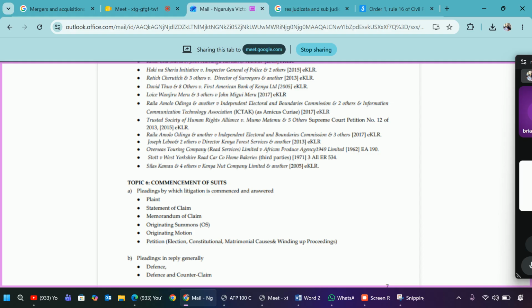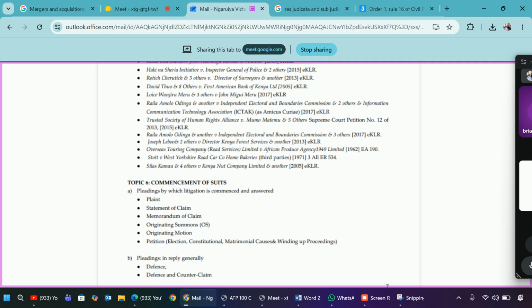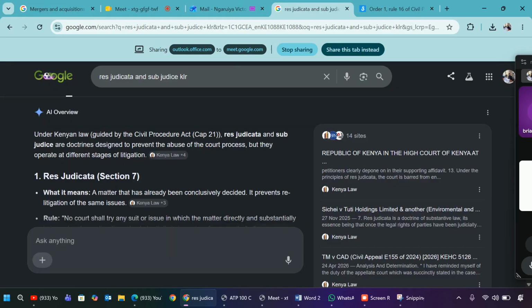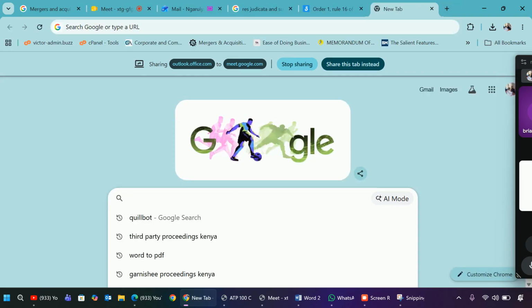Okay, so in orals, you can be asked, kindly give us various pleadings that are used by a litigant in commencing a suit. So there is a plaint, statement of claim, memorandum of claim in employment matters, originating summons, originating motion.